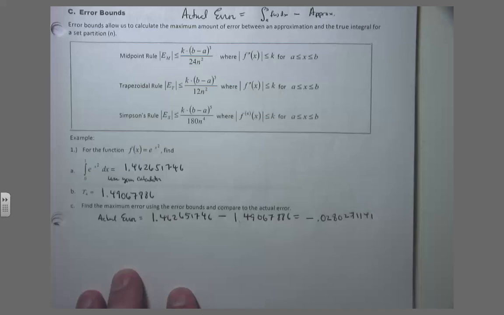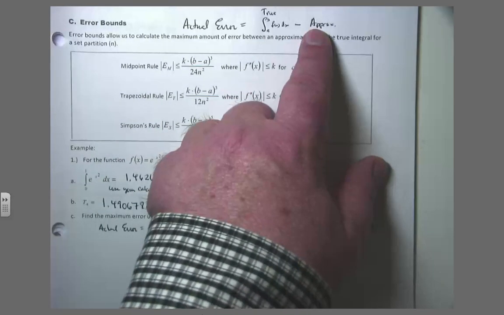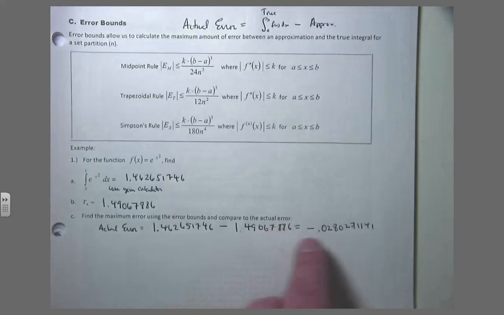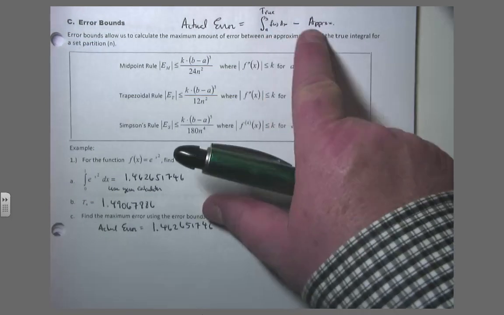Now remember, the formula for this actual error is the true integral minus the approximate, right? And I got a negative 0.028 answer. What's the negative telling me? The approximation is bigger.